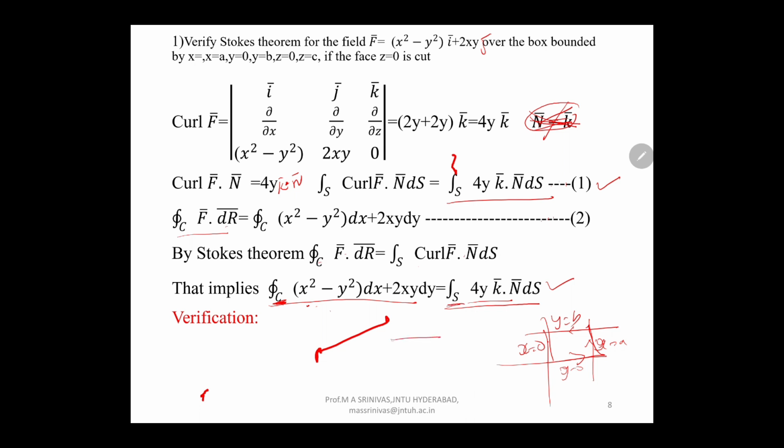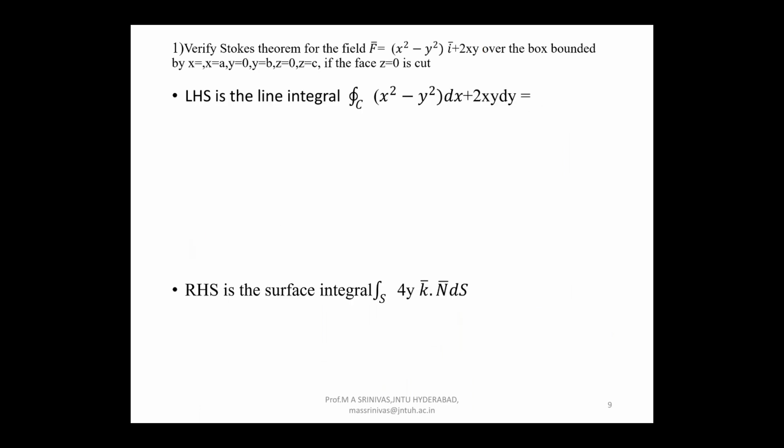S is the surface, already I have shown you in the figure. So this is the surface that I have. This part is open. So the surface S has five subsurfaces S1, S2, S3, S4, S5, and C has four lines OA, AB, BC, and CO. So let us find those things one by one.